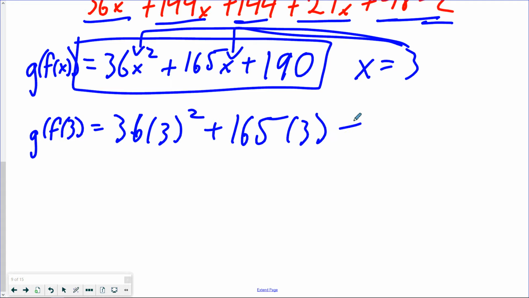Whoops, I apologize, I misspoke there. And once you have added these all together and simplified, you should end up with 1009.